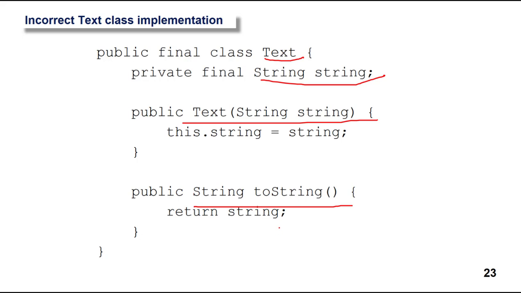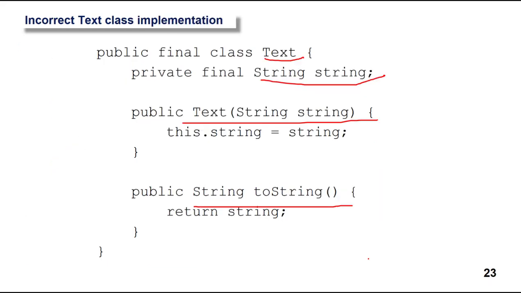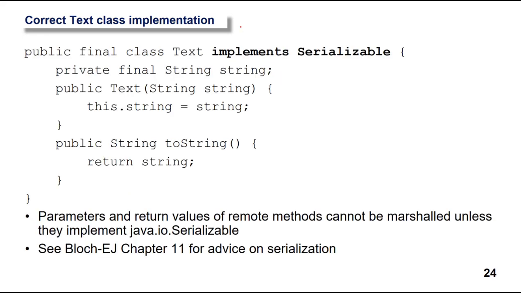And the reason why we get the exception mentioned previously is because we have not said that text implements serializable. So you should always remember that when you want to transport an object over the internet, you need to be able to convert it into a byte stream, and in order to do that, the class that represents the object needs to implement the serializable interface, as we do in this next slide here.